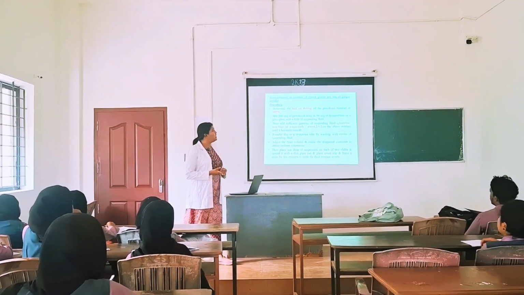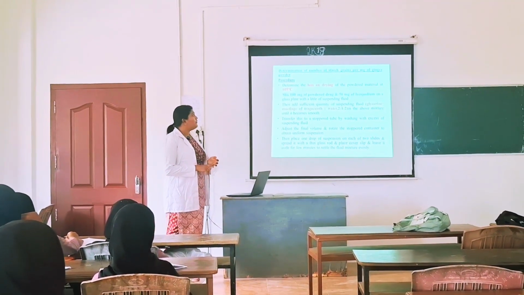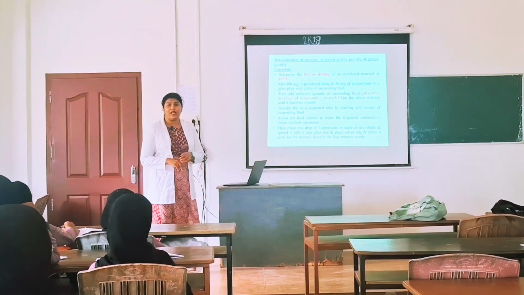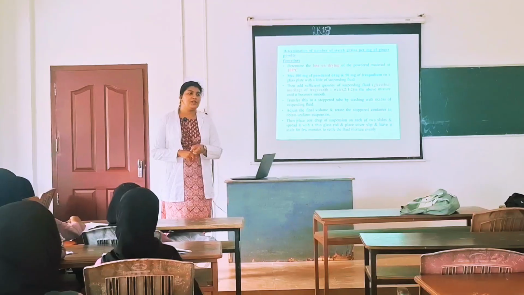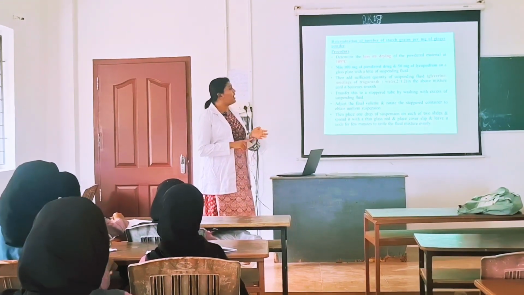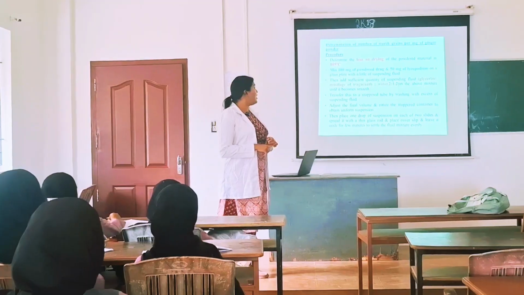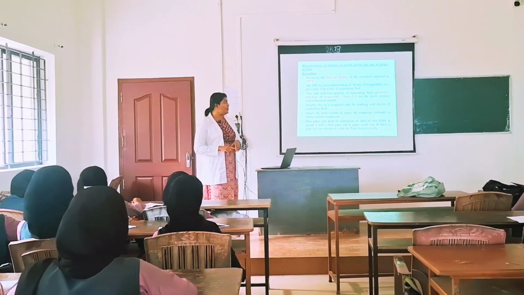This is the procedure in the case of ginger powder. First of all, determine the loss on drying, that is, find out the moisture content, which should be done at 105 degrees Celsius. Then mix 100 mg of powder drug and 50 mg of Lycopodium spore.